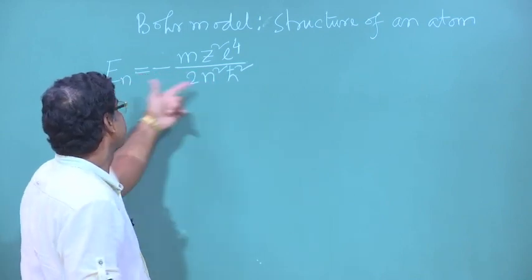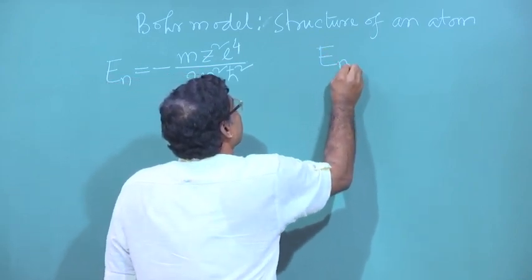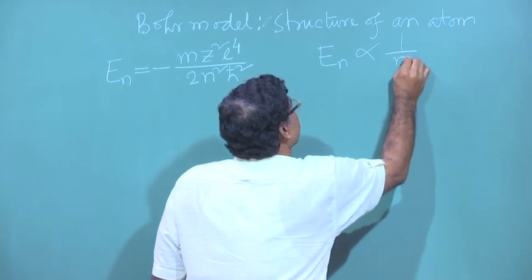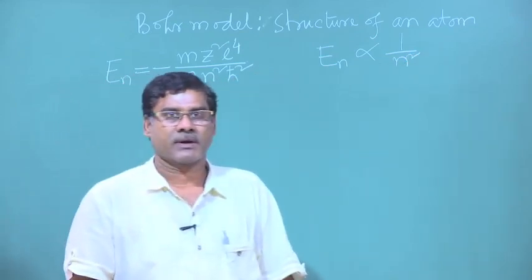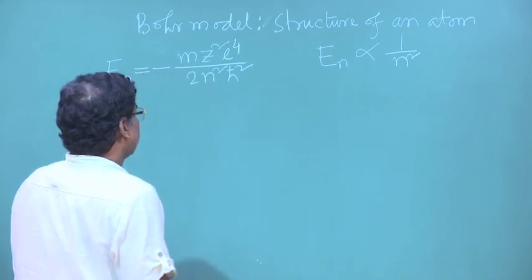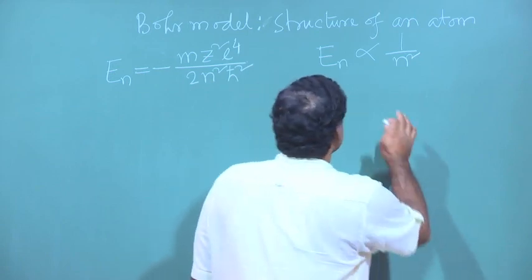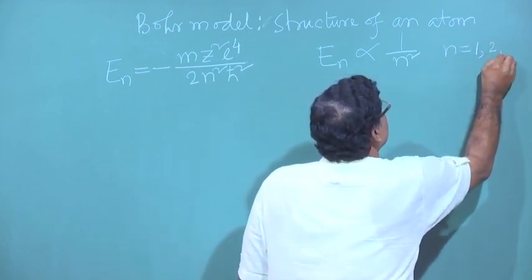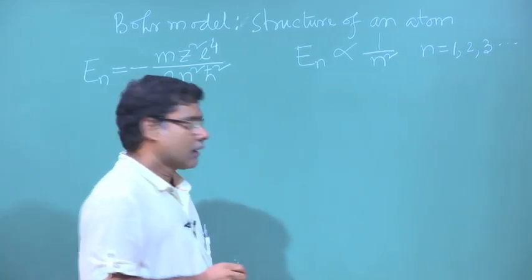The energy levels are inversely proportional to n square, that is, proportional to 1 by n square, right. So, if we draw the energy levels, n equal to 1, 2, 3, all integers.